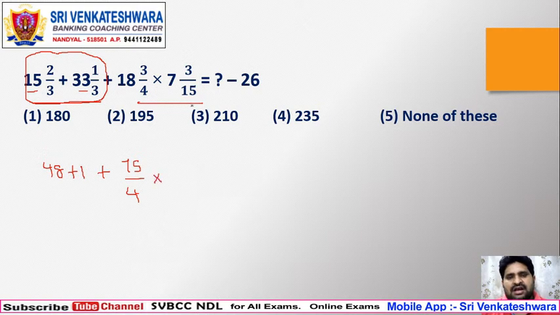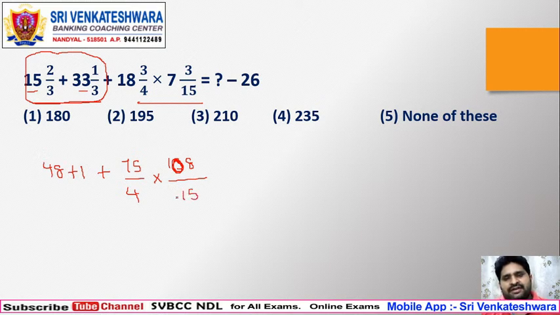This case, 15 into 7 plus 3. 15 into 7, sorry, it will be 105. 105 plus 3, 108.